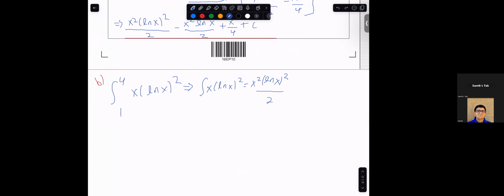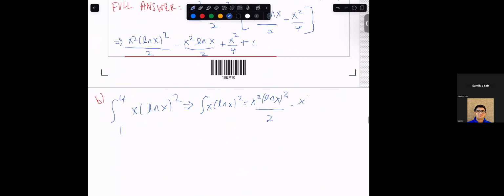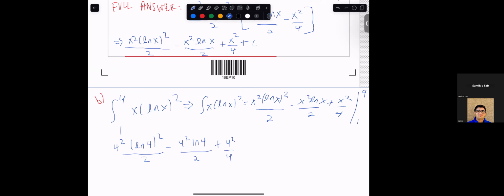So x squared ln x whole square upon 2 minus x squared ln x upon 2 plus x squared upon 4. Now I want to plug in 4 and 1. So essentially I plug in 4 squared for wherever the x's are, minus 4 squared ln 4 upon 2 plus 4 squared upon 4. Now I have to subtract by plugging in the 1, like this.